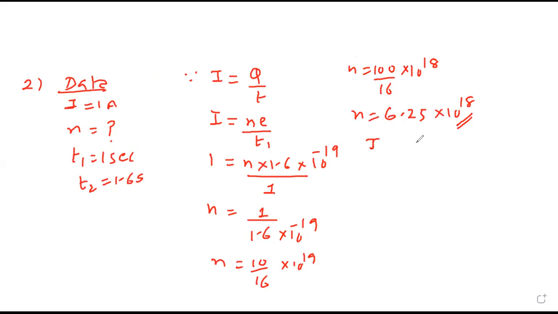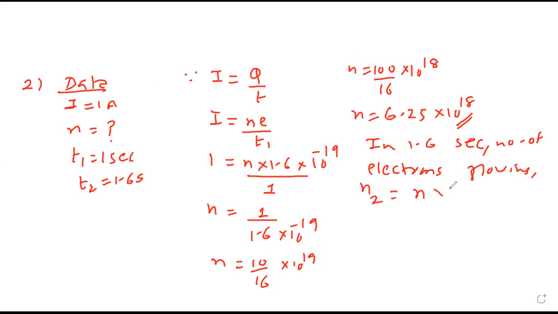Therefore, in 1.6 second, number of electrons flowing, N2, will be N into time T2. So 6.25 into 10 raised to 18 in 1 second, multiply with 1.6, we will get in 1.6 second. 16 into 5 is 80.